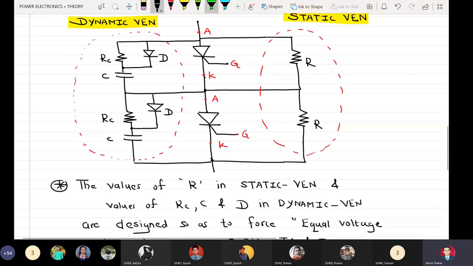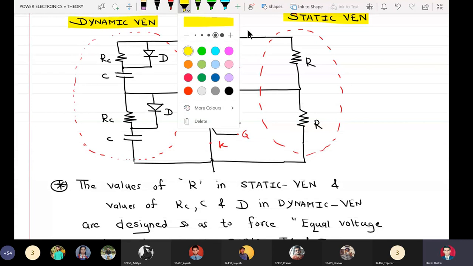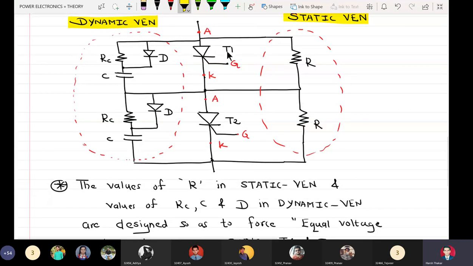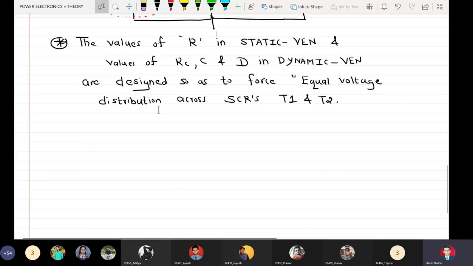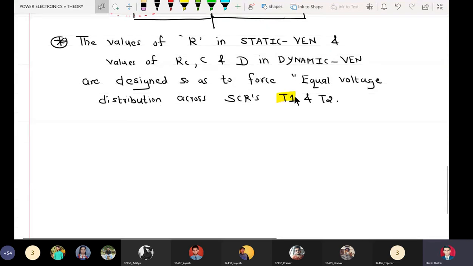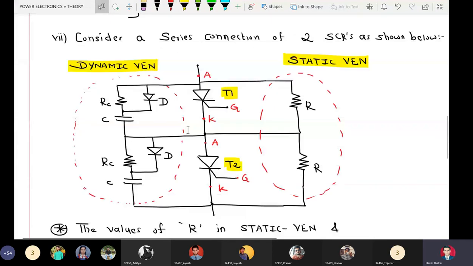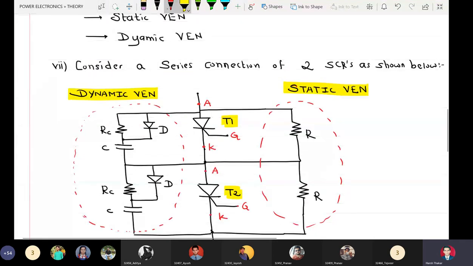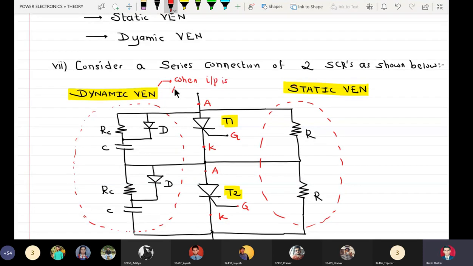Let us say this is T1 and this is T2. When we say dynamic VEN, we can put a note that this refers to when input is AC, and static VEN, when input is DC.